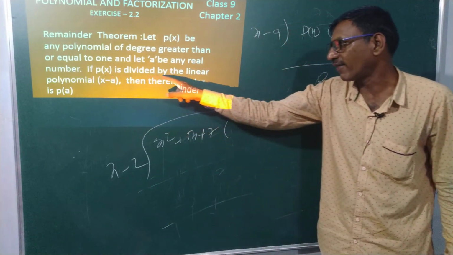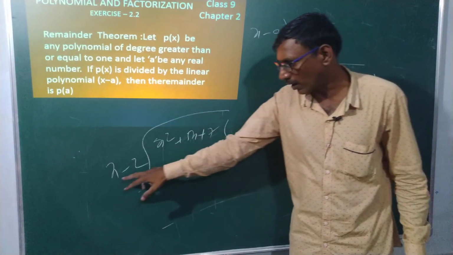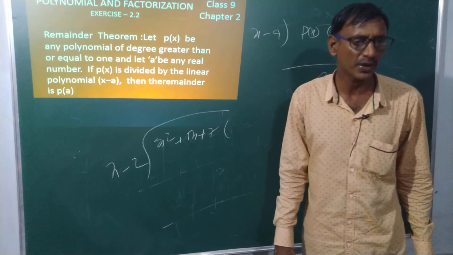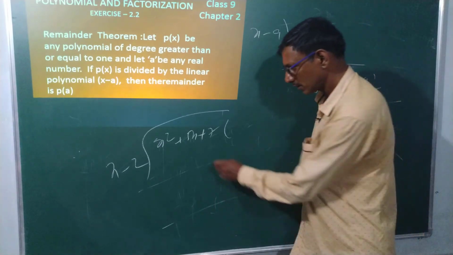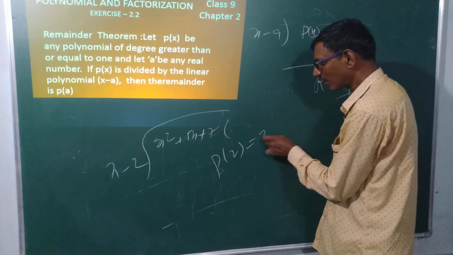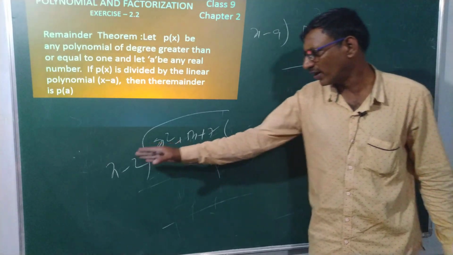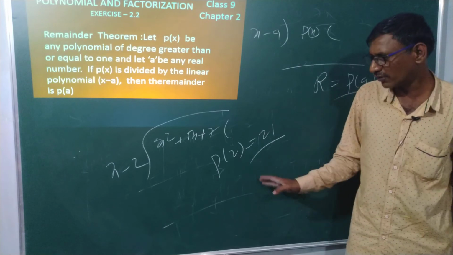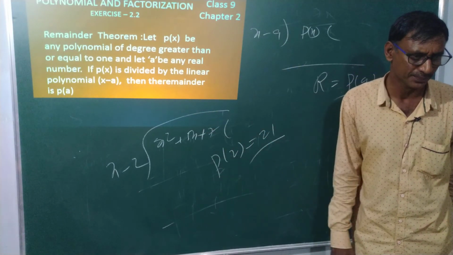If P of x is divided by a linear polynomial x minus a, then the remainder is P of a. My P of 2 is how much? 21. This remainder is 21. When you divide this one, we directly get 21. You have no need to divide in step 1, step 2 and step 3 and so on. Am I clear?